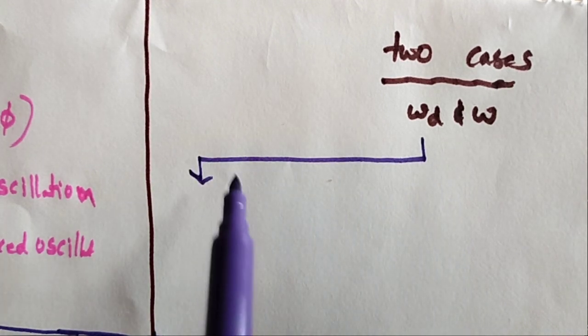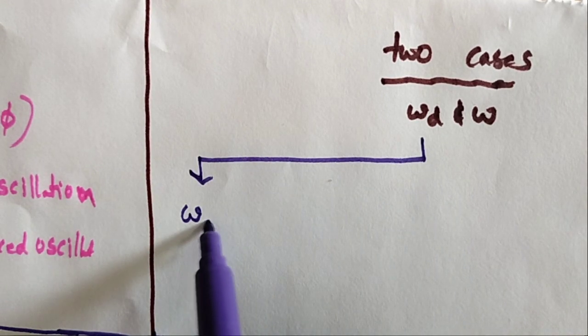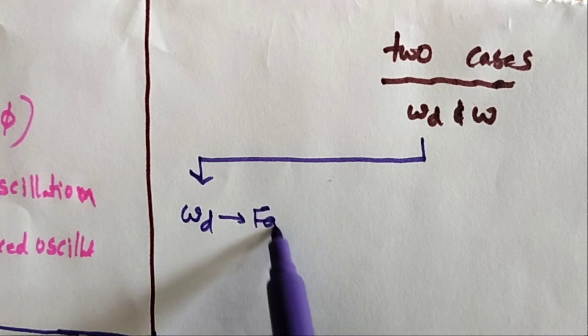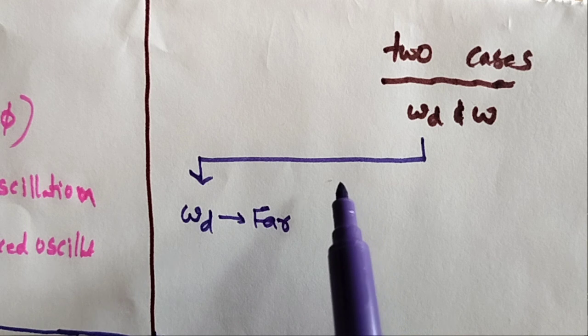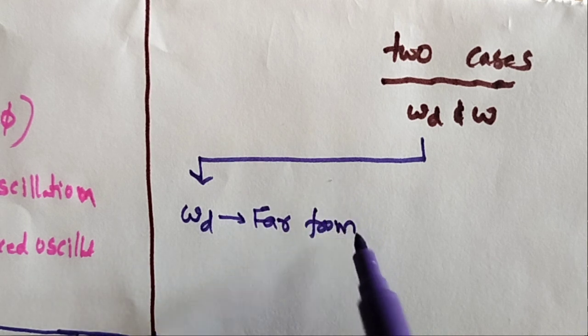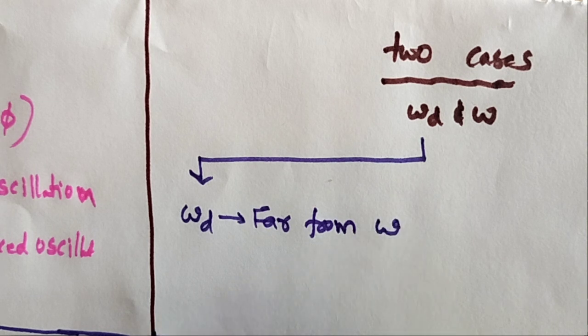The first case, driving frequency omega d far from natural frequency omega.